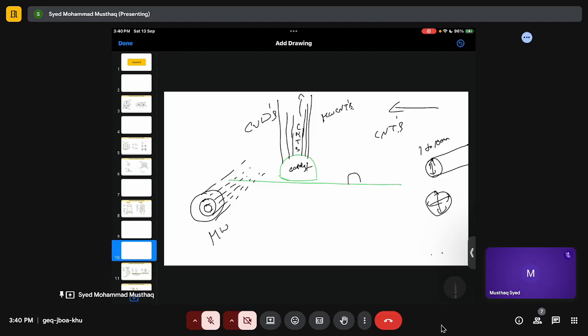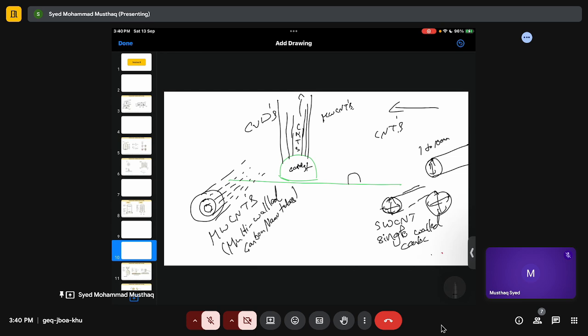That's how it goes. And these are multi-wall carbon atoms, and if you have only a single wall, so this is a single wall carbon nanotube, right?